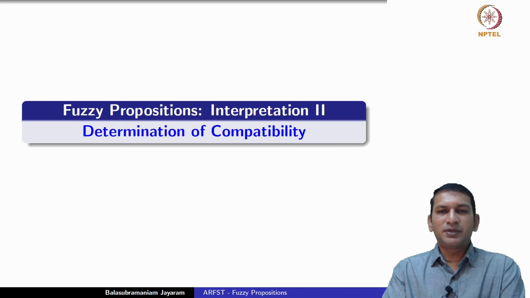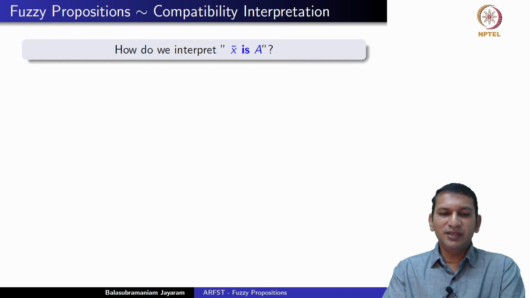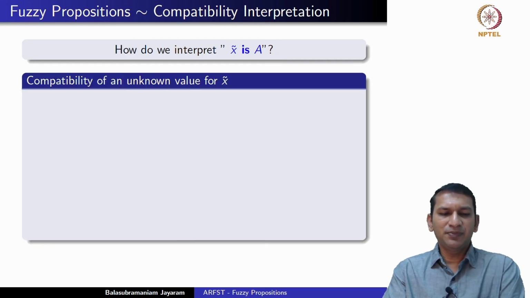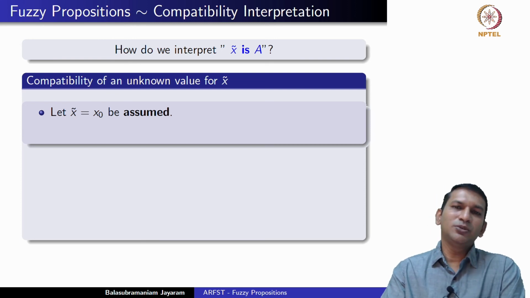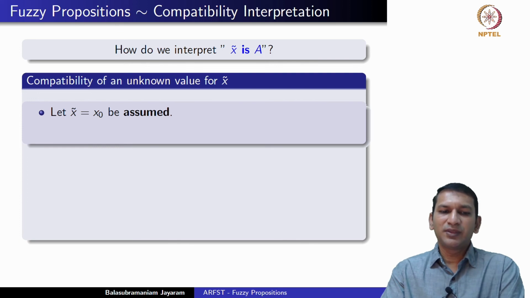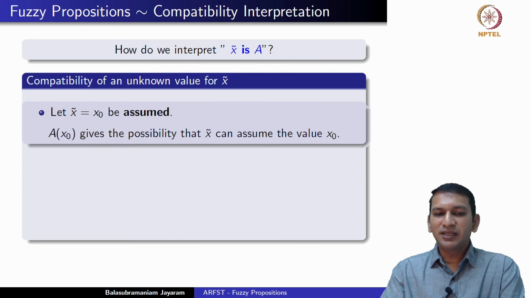There's an alternate interpretation also, a second interpretation, that of determining the compatibility with respect to the given fuzzy proposition. What do we mean by this? Once again, we want to interpret x tilde is A. Now, earlier we were given x tilde is equal to x naught. It was known. Now, let's assume that x tilde is x naught. Then what does the statement say?